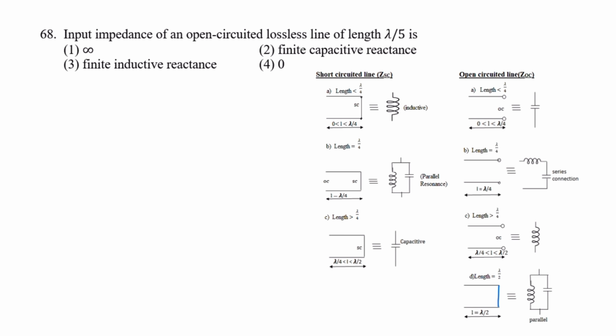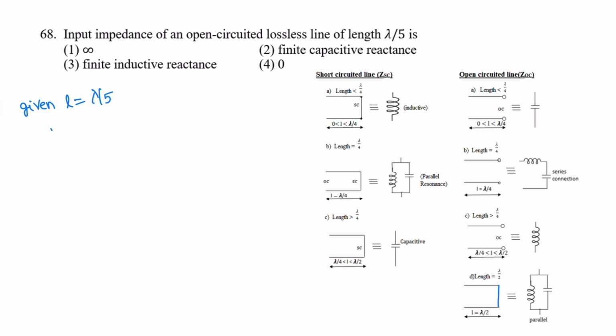Next question. Input impedance of an open circuit lossless line of length lambda by 5. The length of the transmission line is equal to lambda by 5, which is less than lambda by 4.